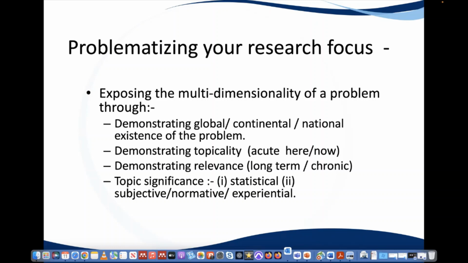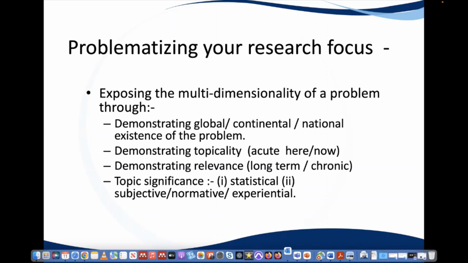So if I can show that the problem of businesses failing was studied by people in the 1980s, and they did it in the 1990s, they are continuing to do it, and they struggle even now to understand it, then I'm showing that that field of study, that question, is a relevant question because it has a long-term presence and it needs to be fixed because it has caused us problems in the long term. So that is the other operator.